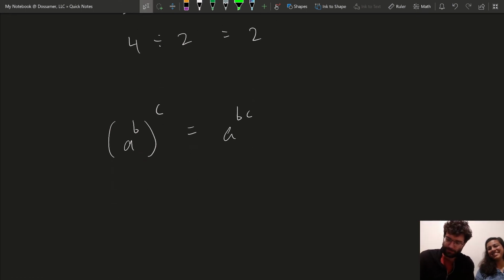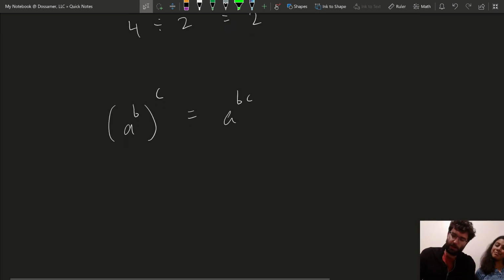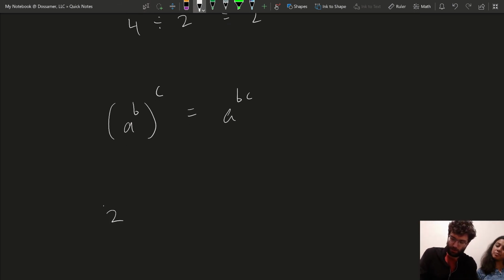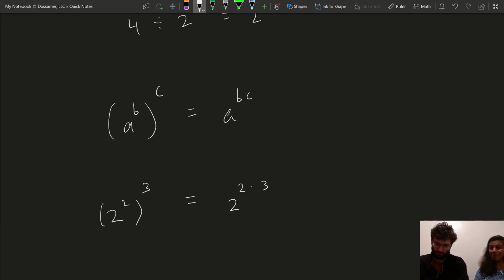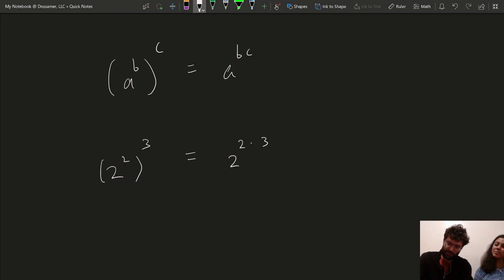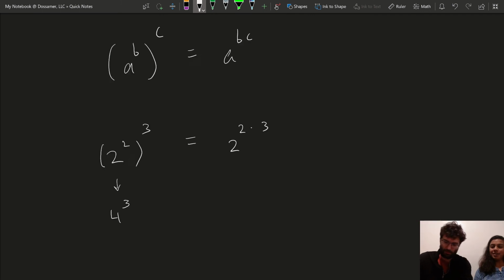And just quickly, sort of as we did down here, if I have a to the b, in parentheses, to the c, what we're conjecturing is that that's the same as writing a to the bc. So again, let's plug in real numbers: we can do 2 to the 2, to the 3, and we're going to verify that that's the same as 2 to the 2 times 3.